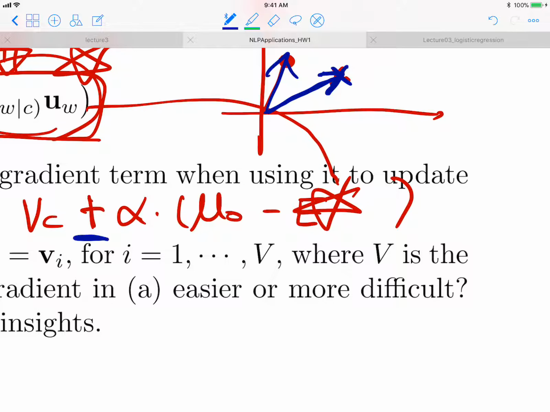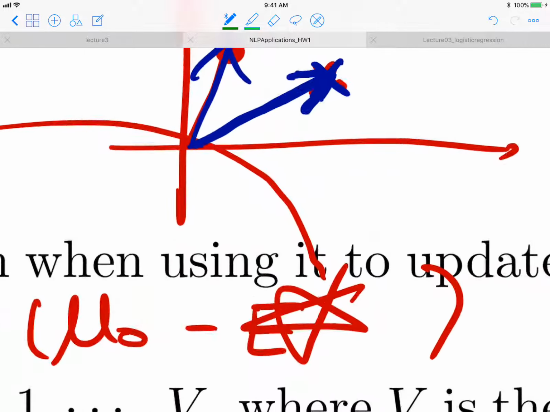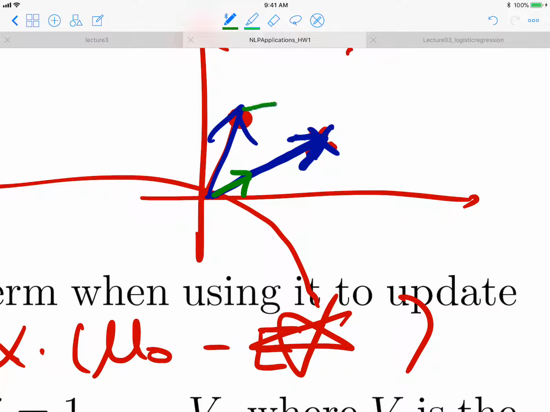Because we always add some vector to the existing vector, UO is added. Suppose our learning rate was 0.2, then we roughly get a vector with 1/5 the length of the original vector, and we add it to this vector.